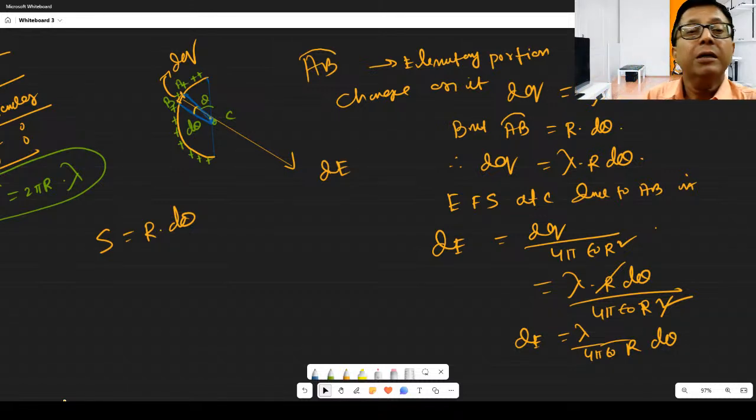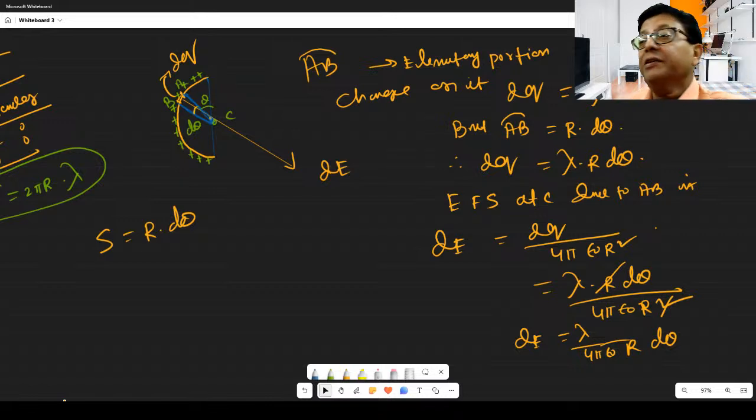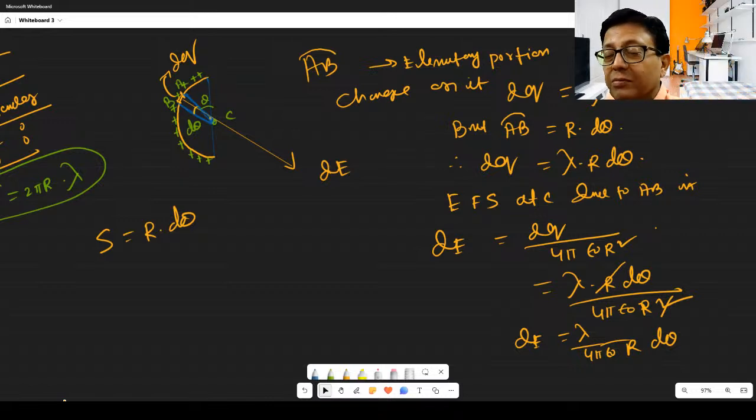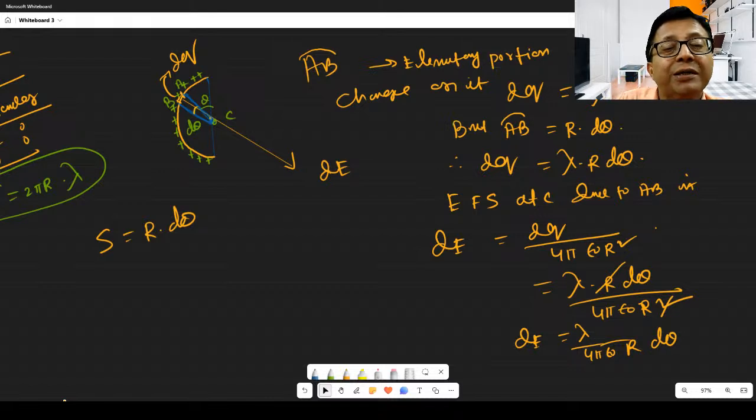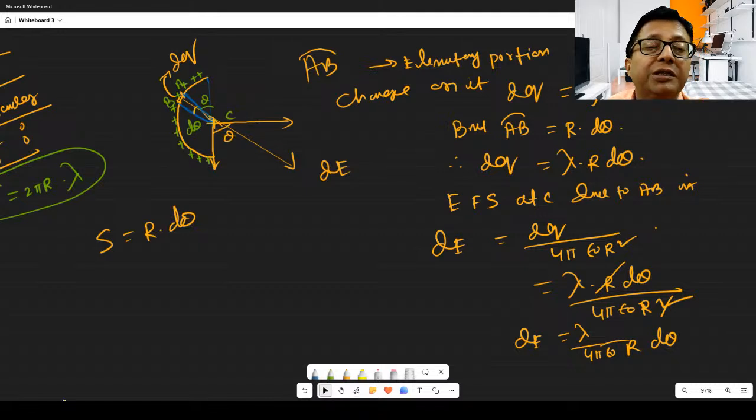Why? Because theta is a variable quantity over there. So what do I have to do there? I'll resolve this one into components. Okay? What are the components here? This one is theta, so this angle is also theta.